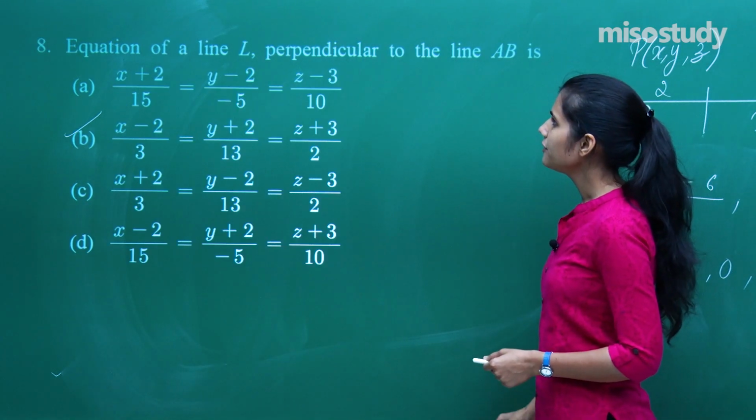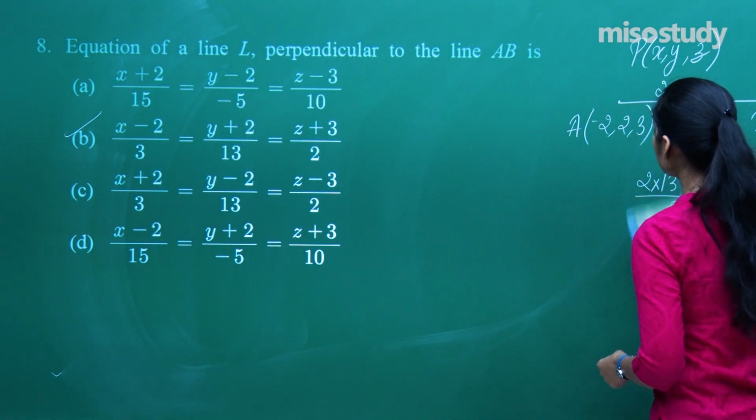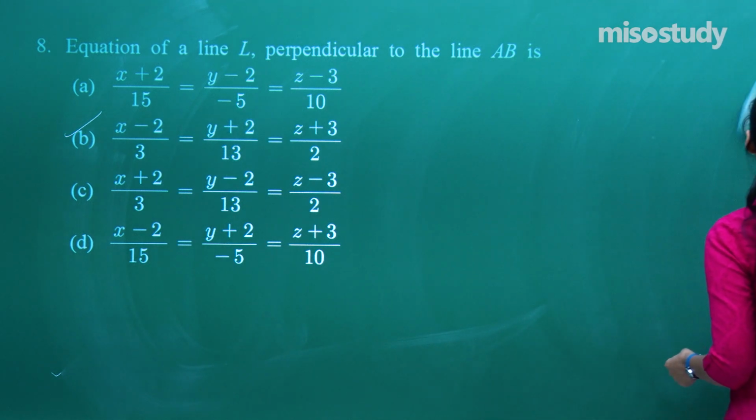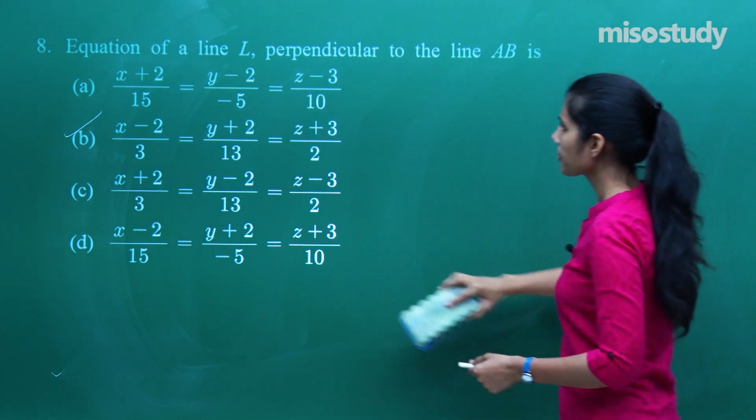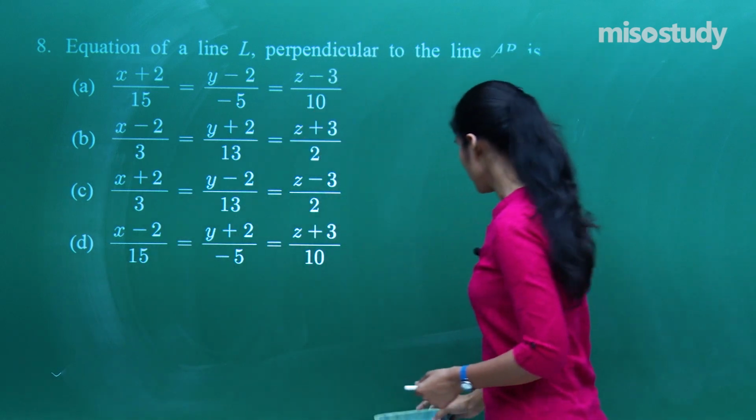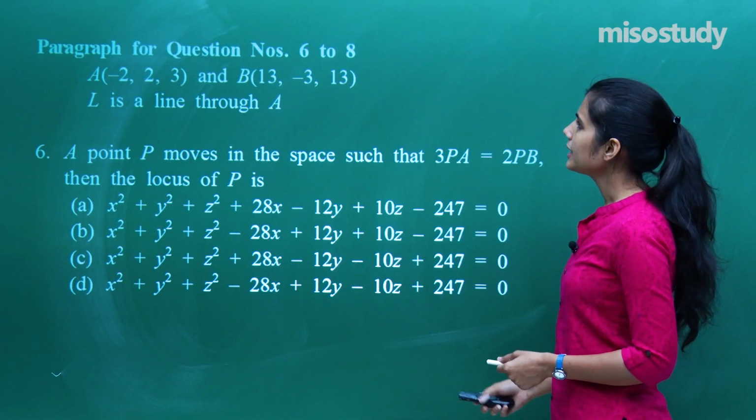Next we have what? We have the equation of line L perpendicular to AB. So let's see what we have. Okay, so what was my A and B?